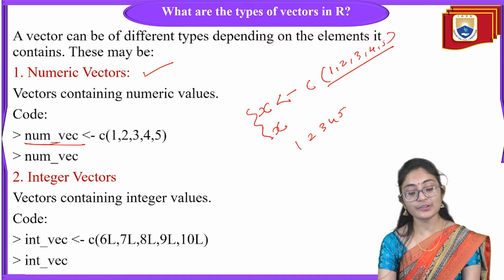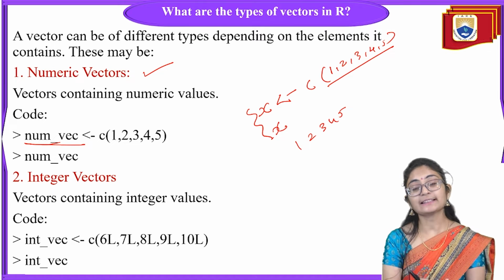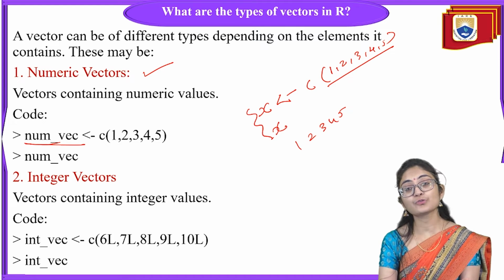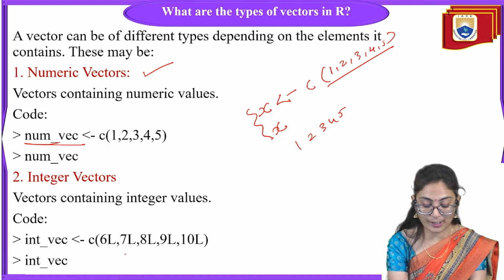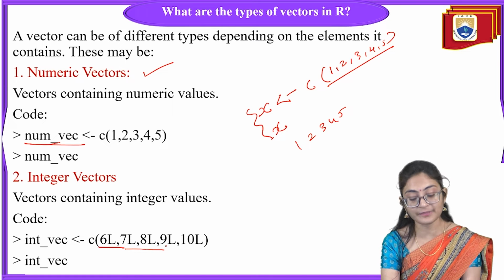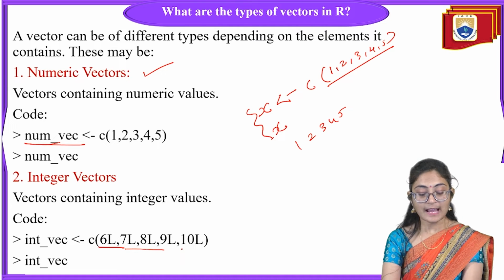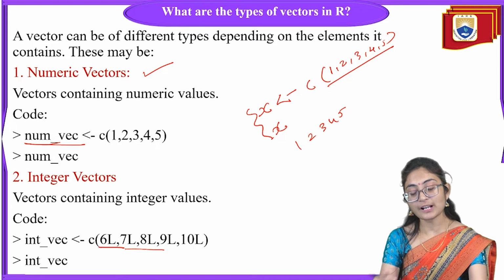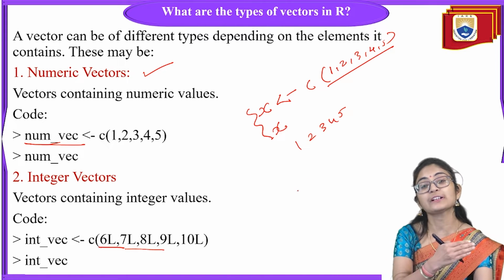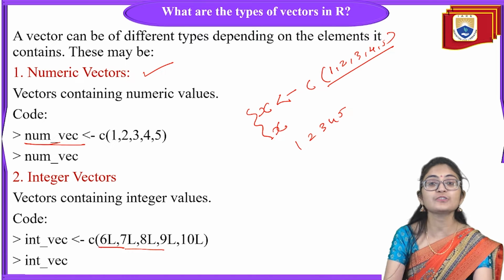Then integer vectors. An integer vector will contain only integer values. For printing integer values, you have to use L with these numbers. If you write only 6, 7, 8, 9, 10, then it will show numeric values.